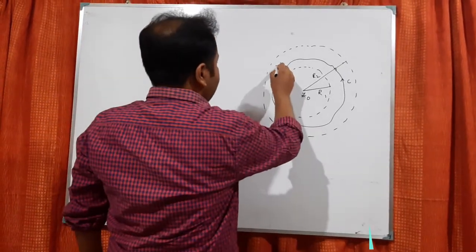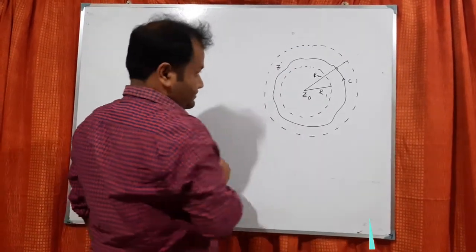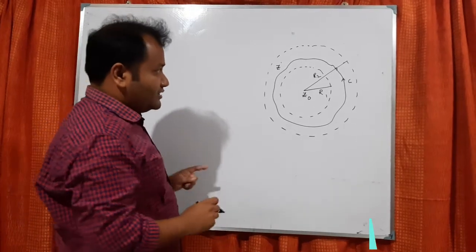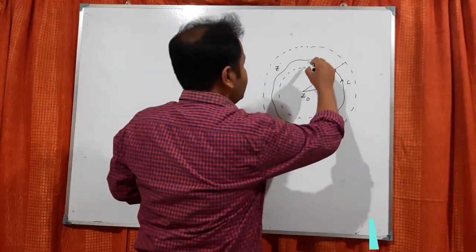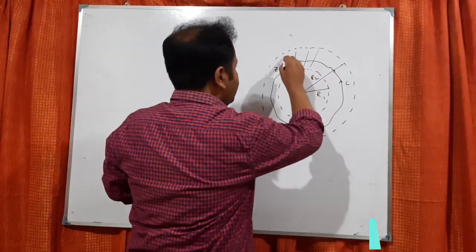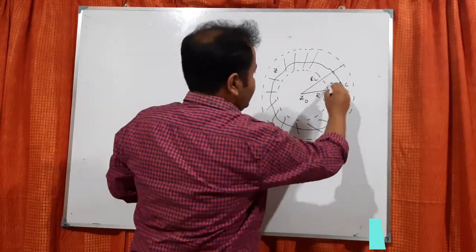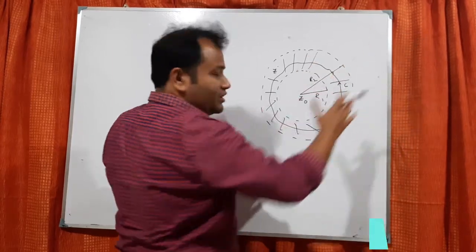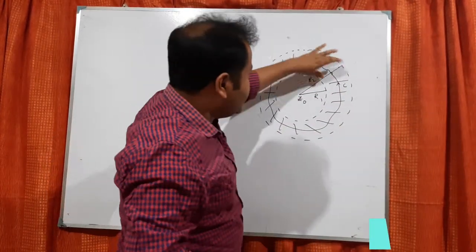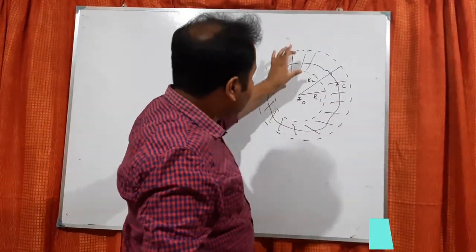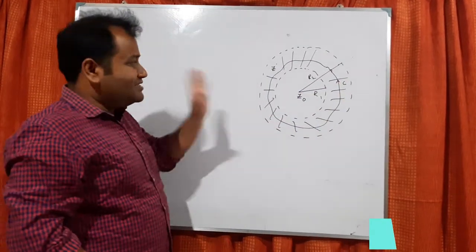If Z is any point in the region, carefully try to understand, the region is this one actually. It is not the inside portion, it is not the outside portion, it is the region between two concentric circles. This annular region is the region.